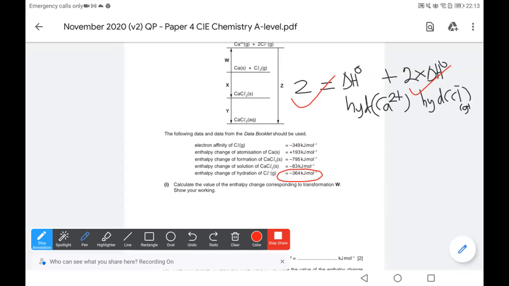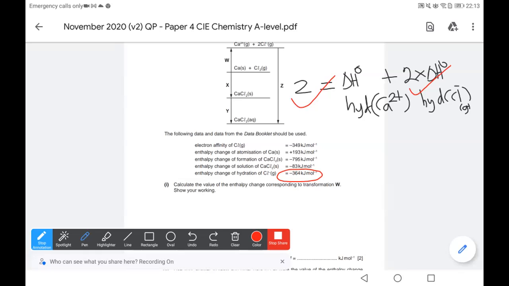Hydration means the enthalpy change that occurs when 1 mole of ionic gaseous compound is dissolved in excess water to form its aqueous state.